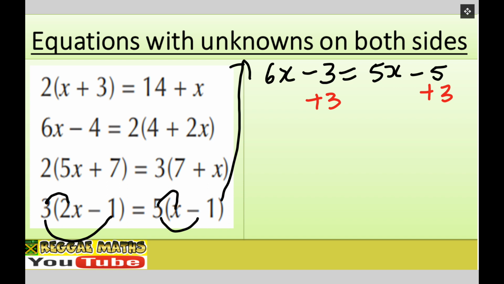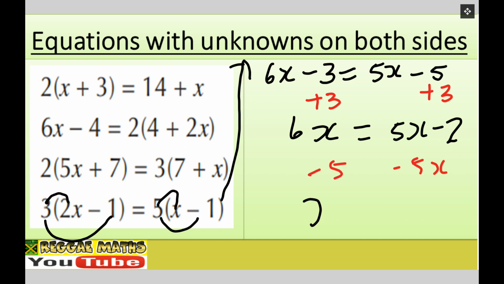So we got 6x equals to 5x minus 2, and take 5x from both sides. x equals to minus 2.